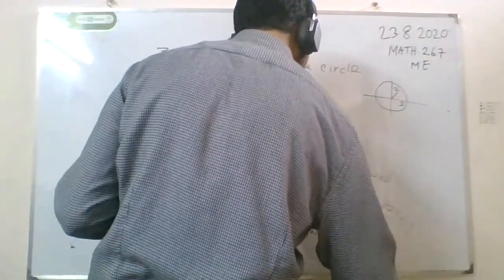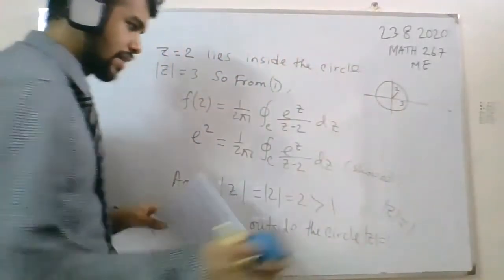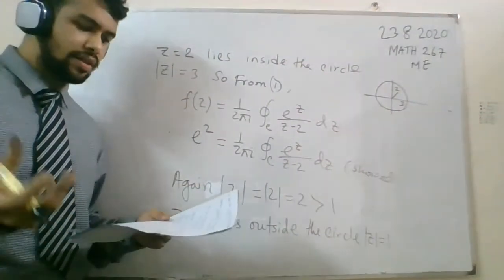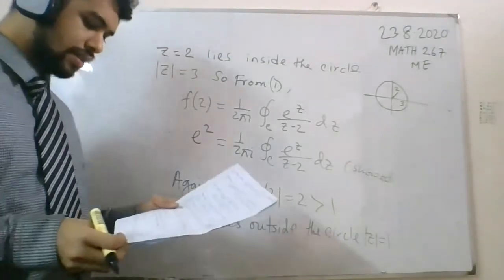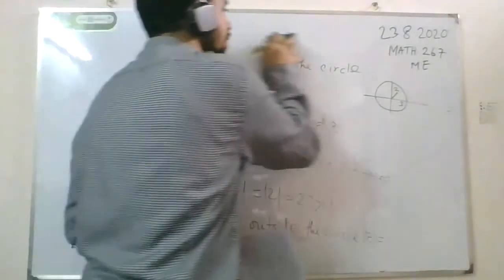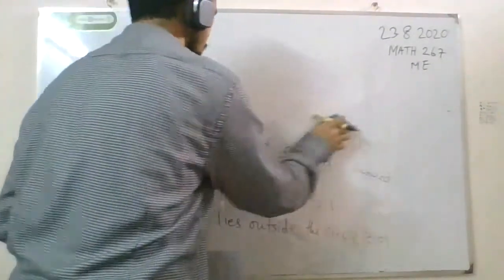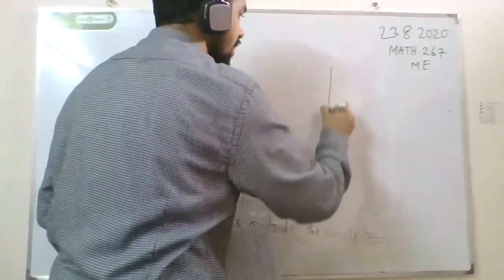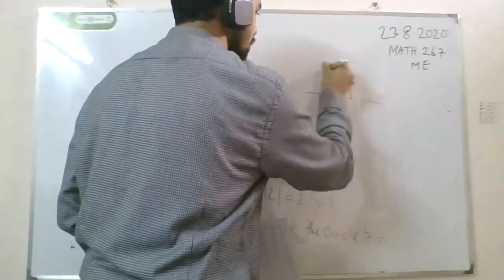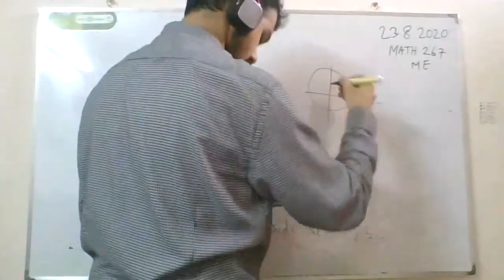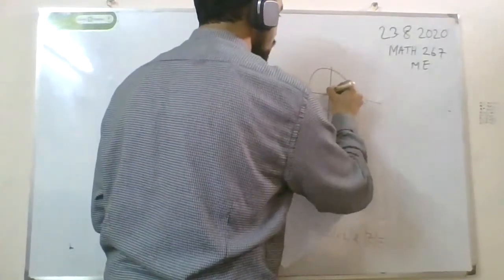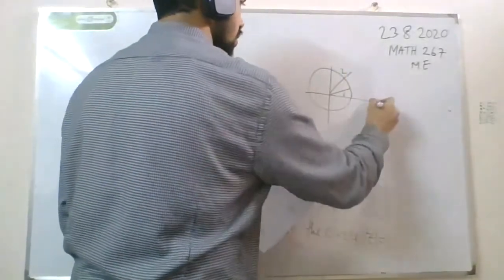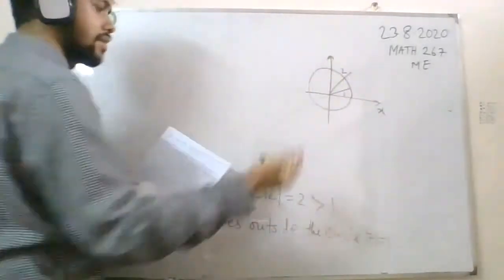|z| equals 1. So I have already said that if the point lies outside the circle, then our Cauchy integral formula will be 0. Okay, so that's why you can say this lies outside the circle.